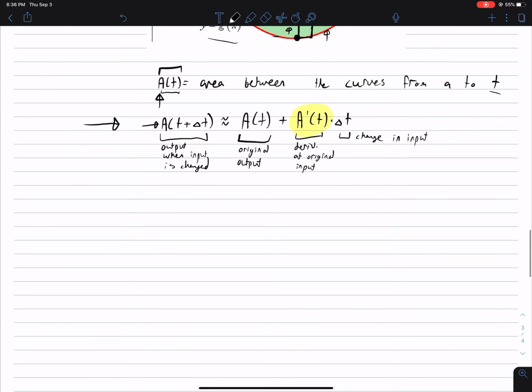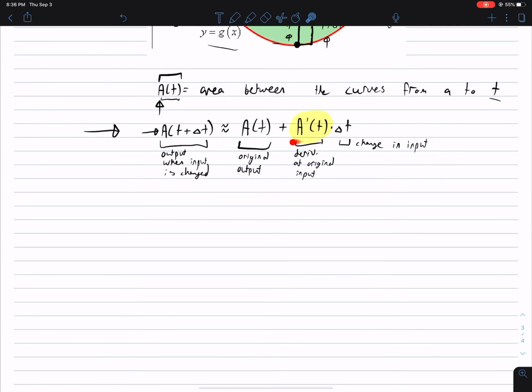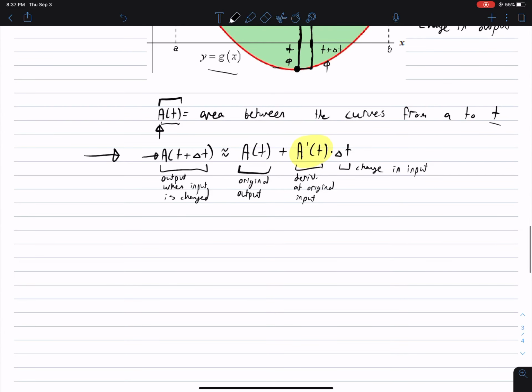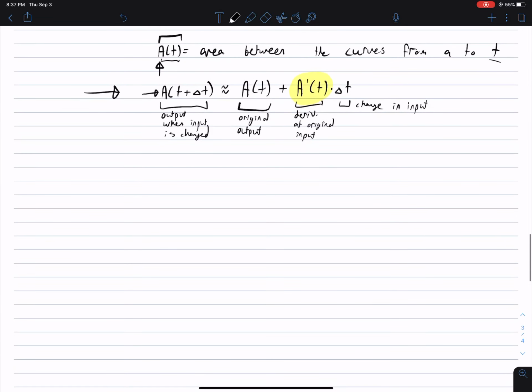So now if we look back at this formula right here, we have to try to find a way to rearrange it so we have change in output that we can substitute into this. So all your change in output is your final output minus your original output.